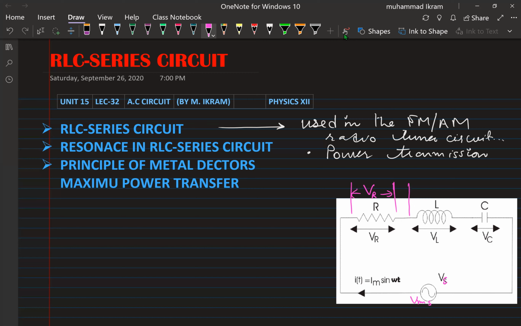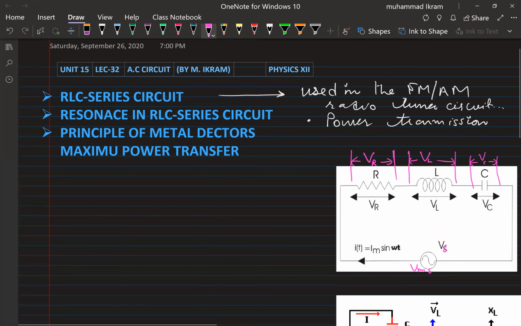Then there is VL, the potential drop across the inductor. And here is the capacitor, and VC is the potential drop across the capacitor.